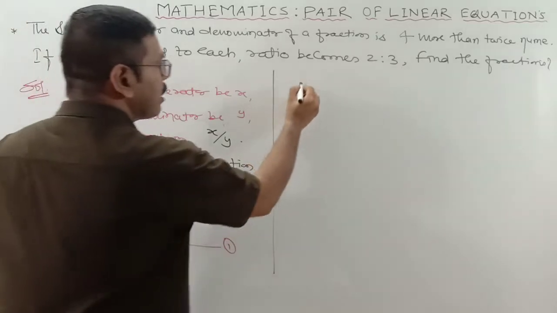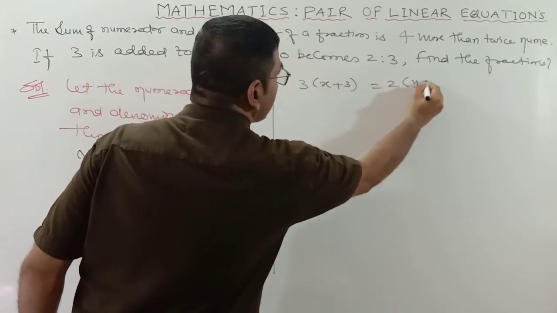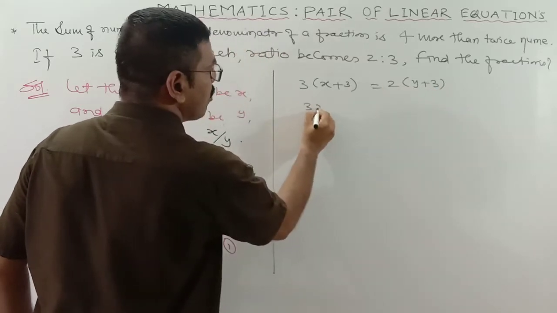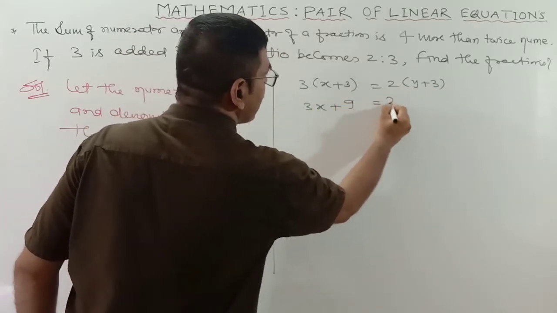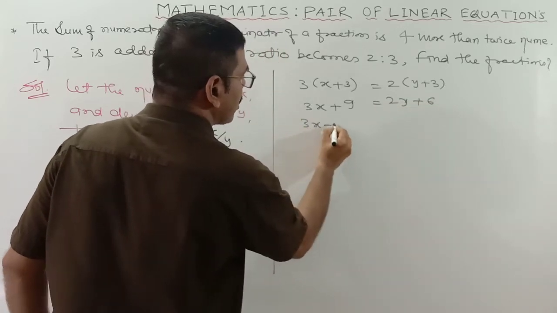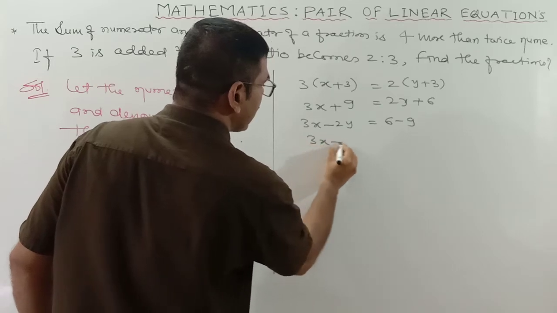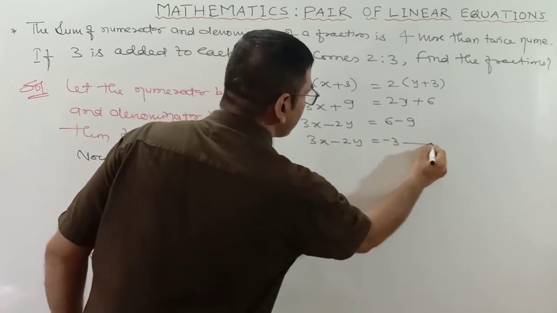So 3 will be multiplied in x plus 3 and 2 will be multiplied in y plus 3. So this will become 3x plus 9 is equal to 2y plus 6. So 3x minus 2y is equal to 6 minus 9. 3x minus 2y is equal to minus 3.